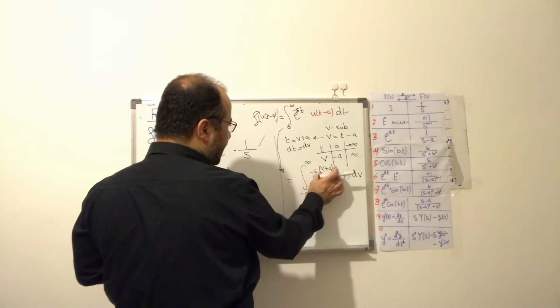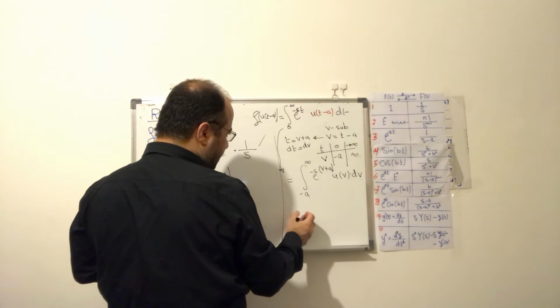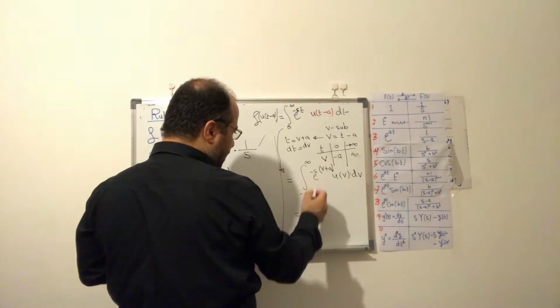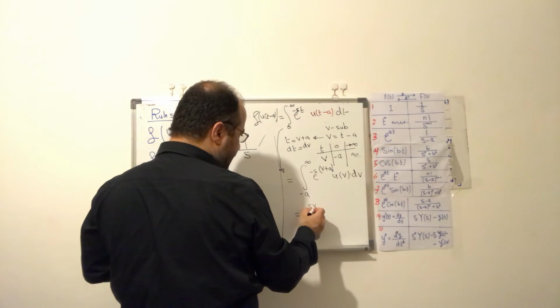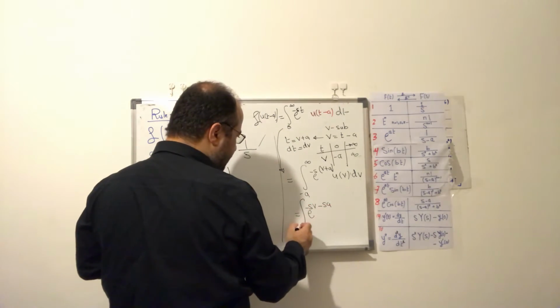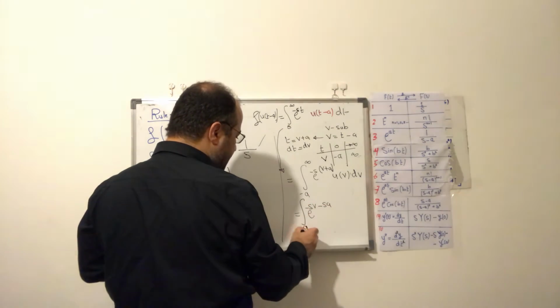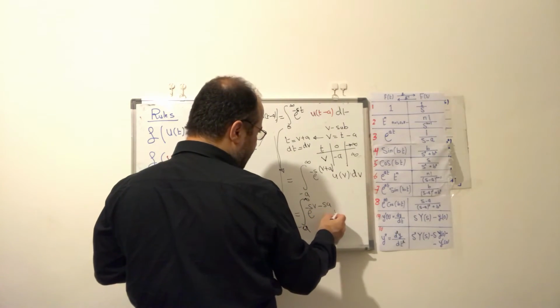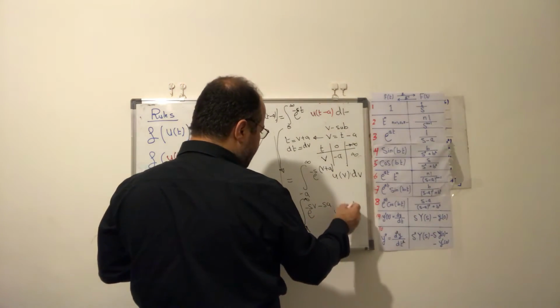Now let's take that part outside: e to the minus sa, and then the integral from minus a up to infinity of e to the minus sv, u of v dv.